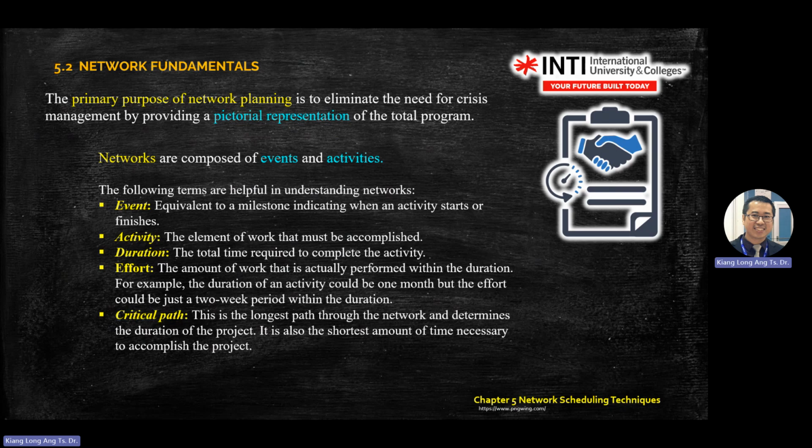Activity is the element; each of these circles here is an activity. Duration is time. Effort is the amount of work, so this is how busy your schedule is. Critical path is important. The critical path refers to the longest time you need to take to complete the project from your spider web, or from your network.